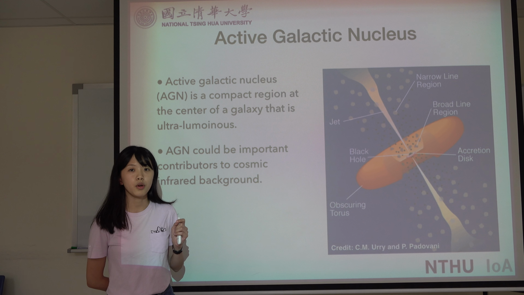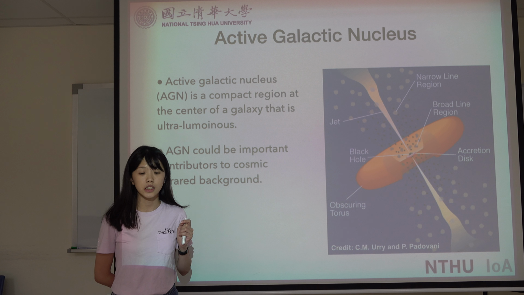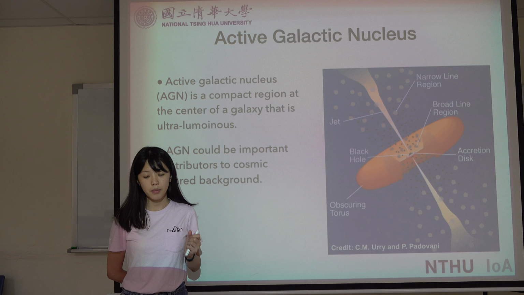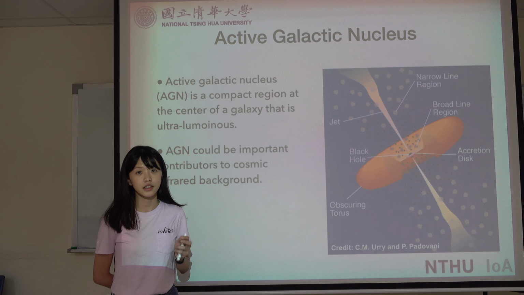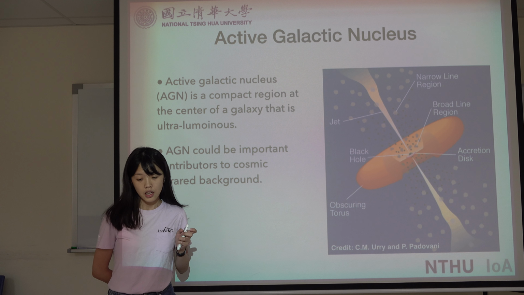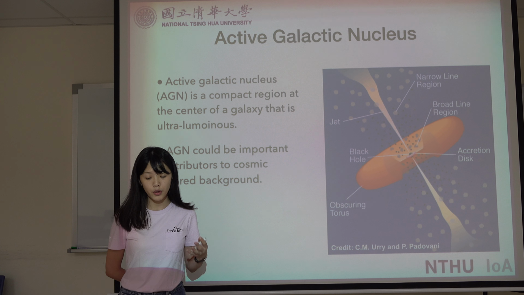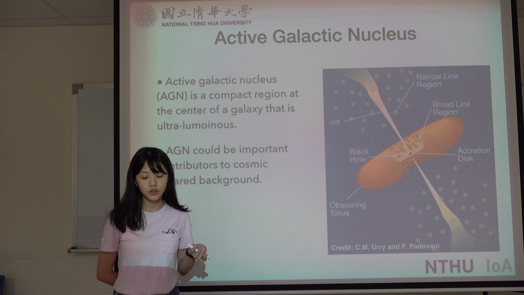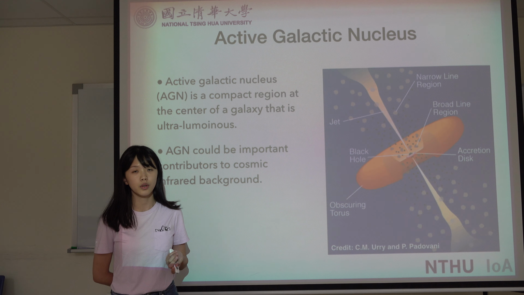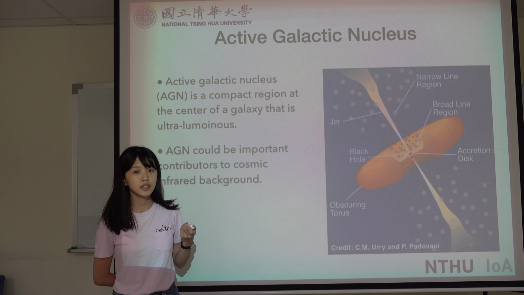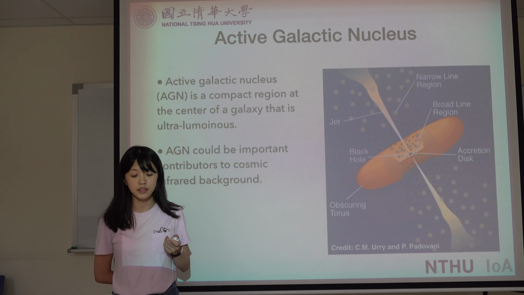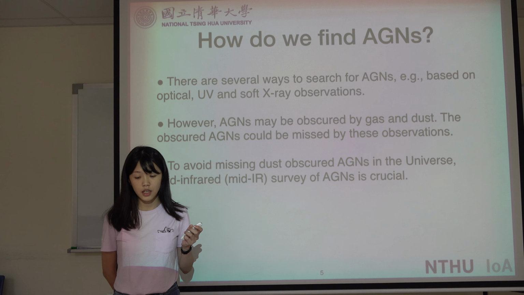AGN is the abbreviation of Active Galactic Nucleus, and it is a compact region at the center of a galaxy, which is ultraluminous. Searching for AGN is very important because AGN could be important contributors to cosmic infrared backgrounds. There are actually several ways to find AGNs, such as based on optical, UV, and soft X-ray observations.